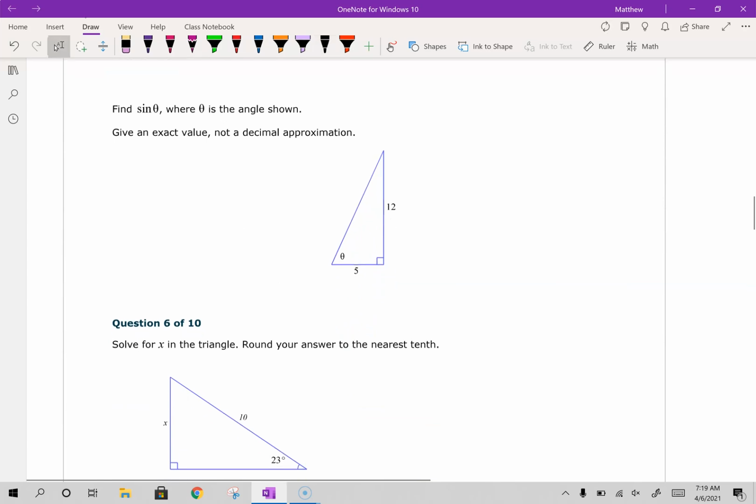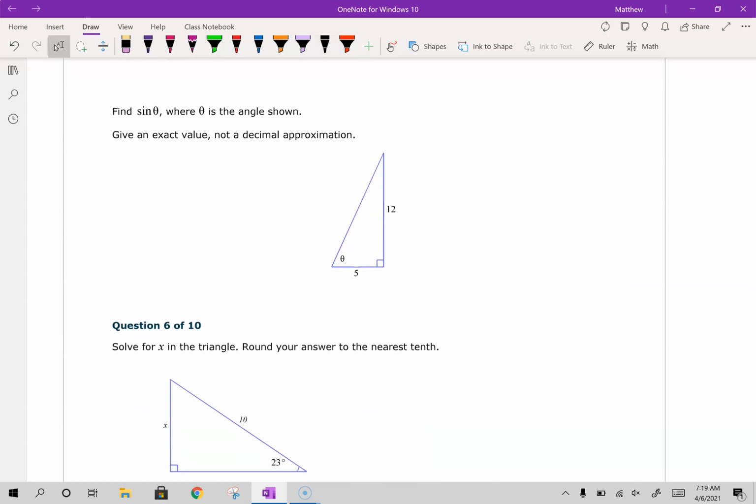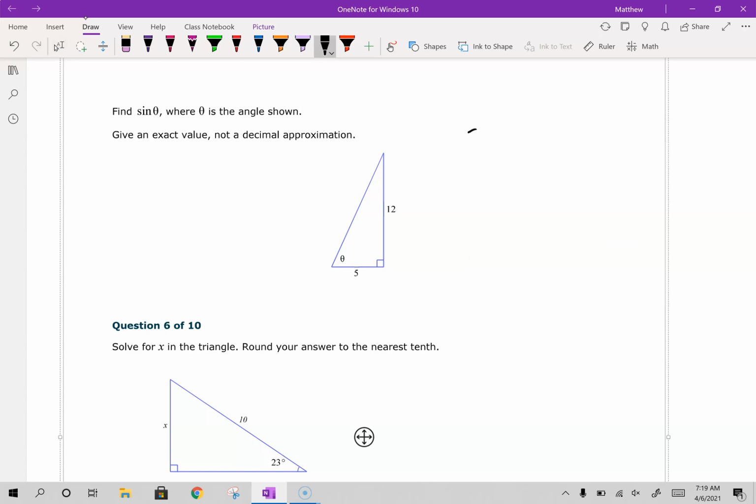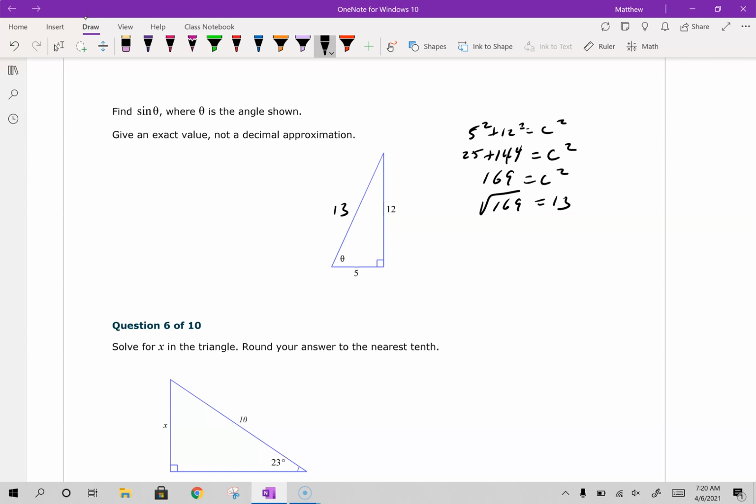Find the exact value for sine of theta. This is called theta, it's just a symbol. In order to find the sine, we have to have the hypotenuse. So we'd use the Pythagorean theorem: 5 squared plus 12 squared equals c squared. 25 plus 144 equals c squared. 169 equals c squared, so the square root of 169 is 13.